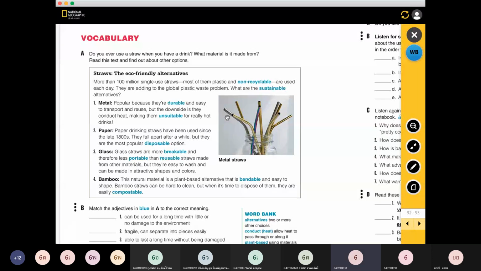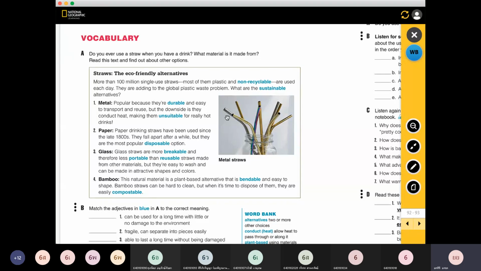I haven't, but I can see other products made from bamboo. I have never seen a bamboo straw before in our country.